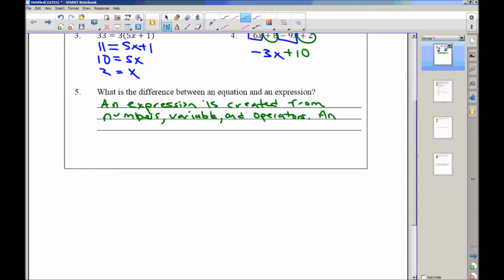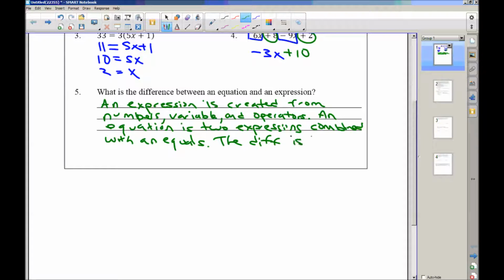An equation is two expressions combined with an equals. So the difference is the equals part. Equals is not an operator.